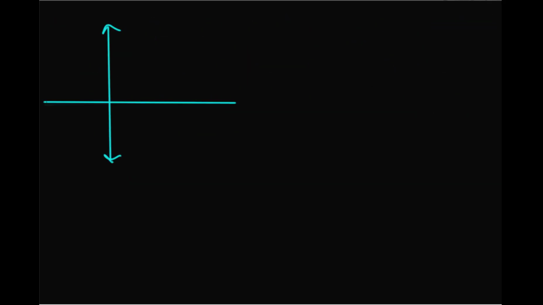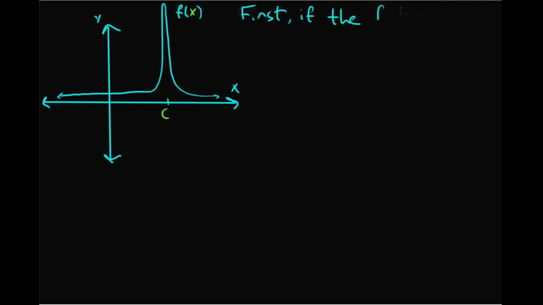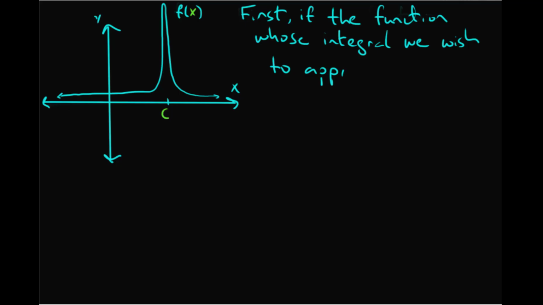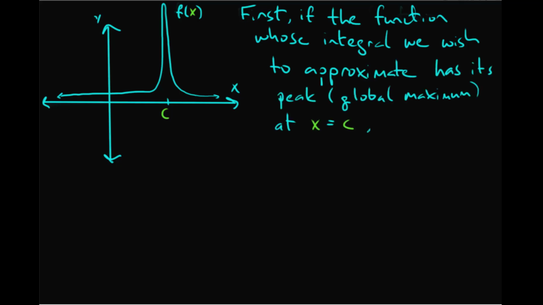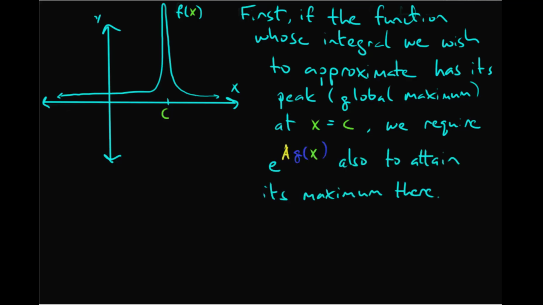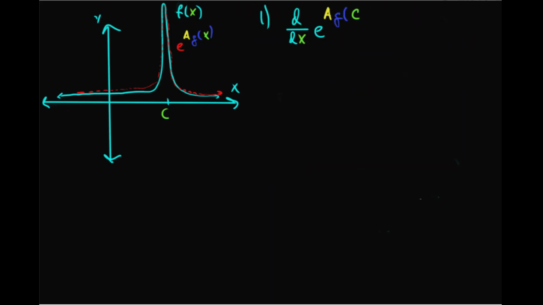So for starters, the function whose integral we wish to approximate has its peak, its global maximum, at some value for x, which we'll just call c. So we're then going to require that the approximating function e to the a times g of x also must attain its maximum there. This implies that the derivative of e to the a times g of x, evaluated at x equals c, must equal 0.